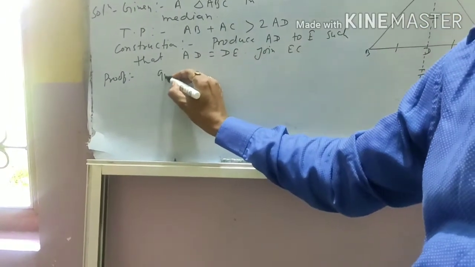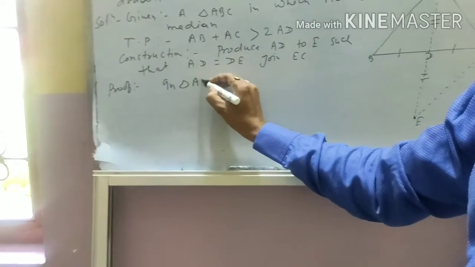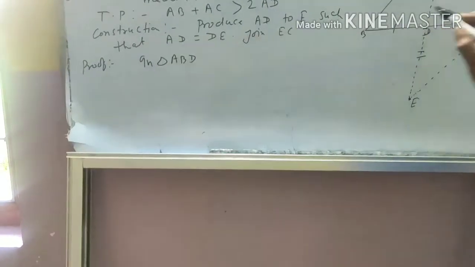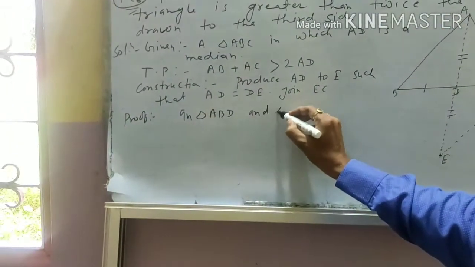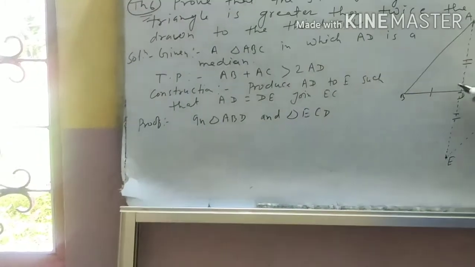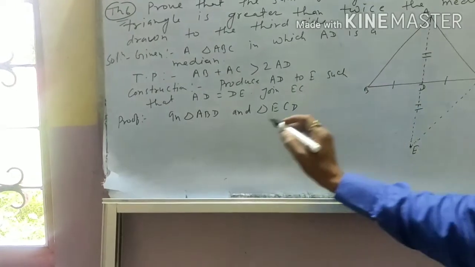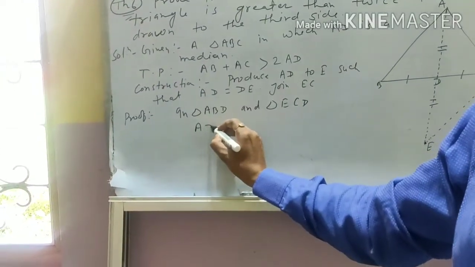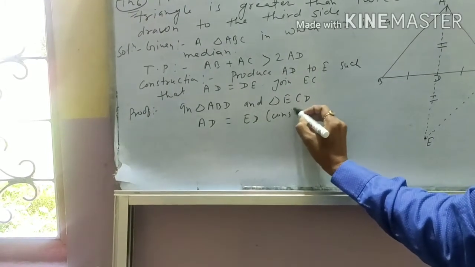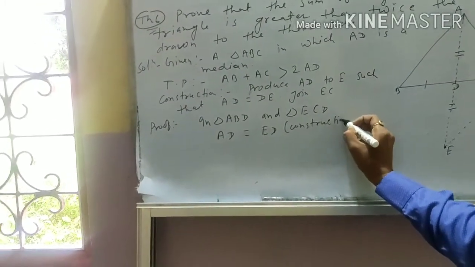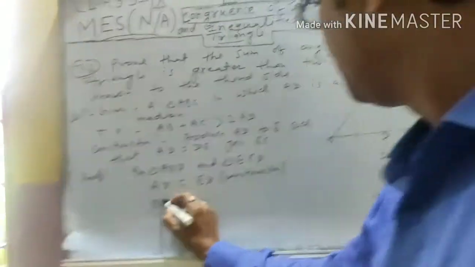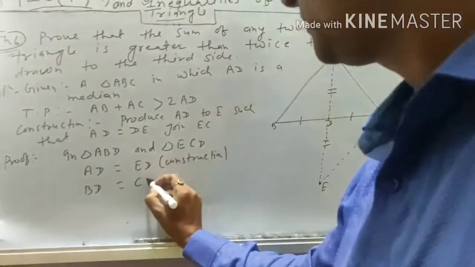So here student, in triangle ABD and triangle ECD, in these two triangles, AD is equal to ED by construction. BD is equal to CD, because the median divides the side.